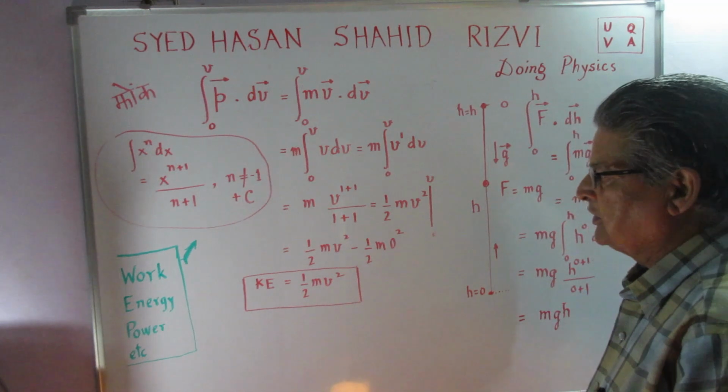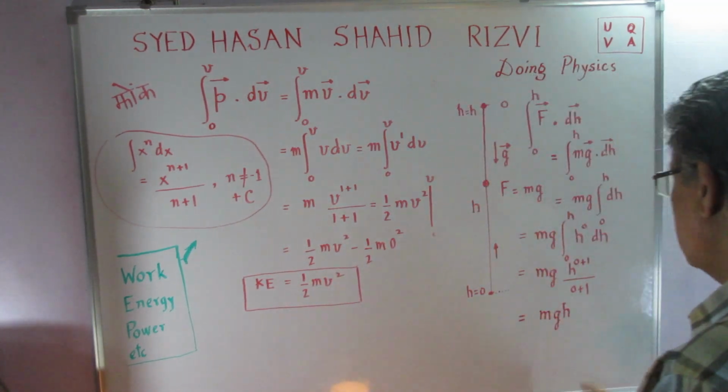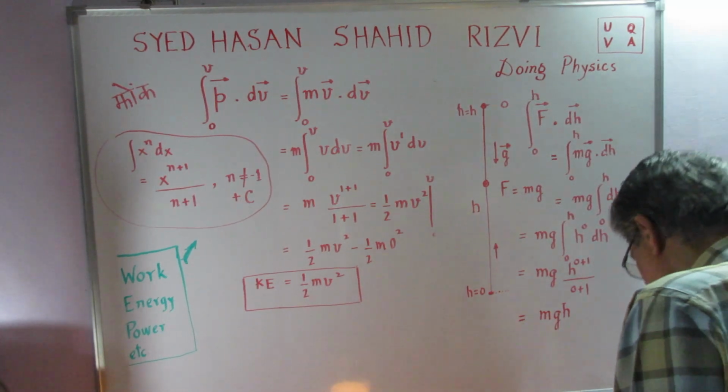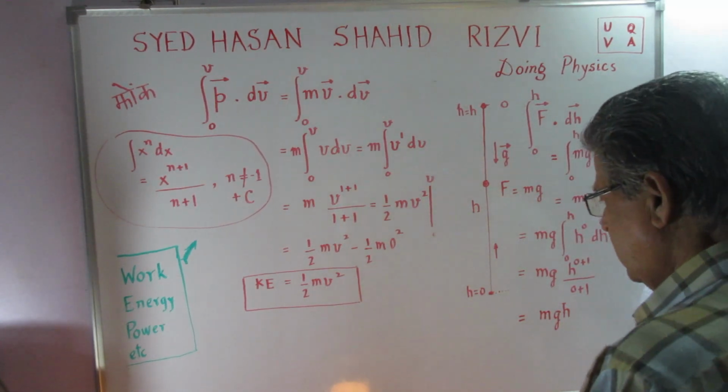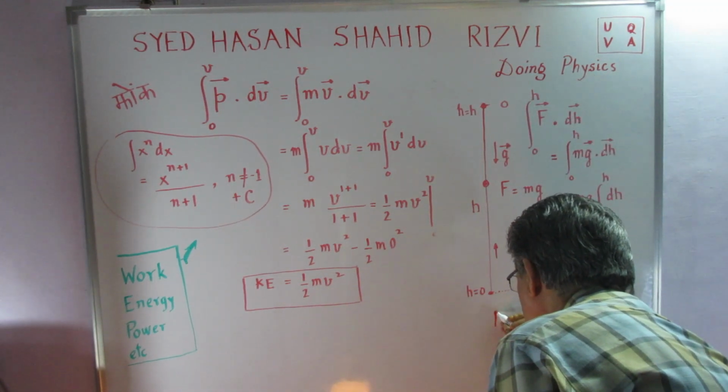So, these are the things about the kinetic energy, half mv square, and mgh, which is the beautiful concept that we had, potential energy.